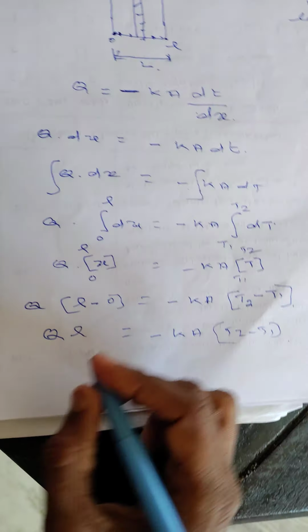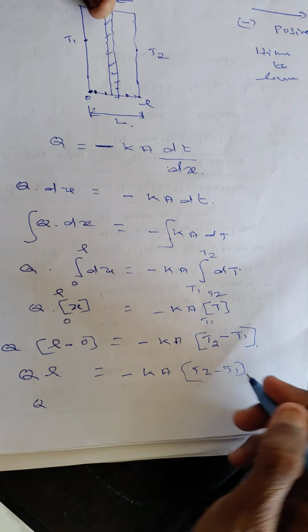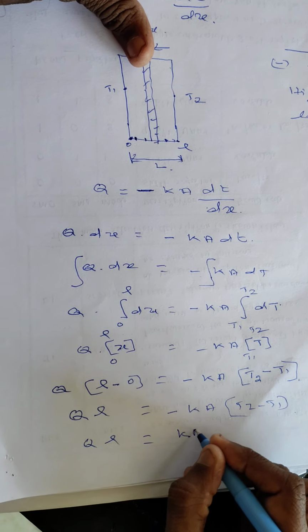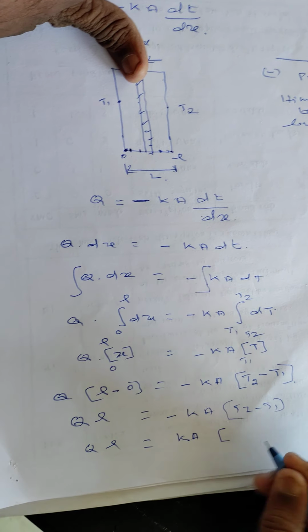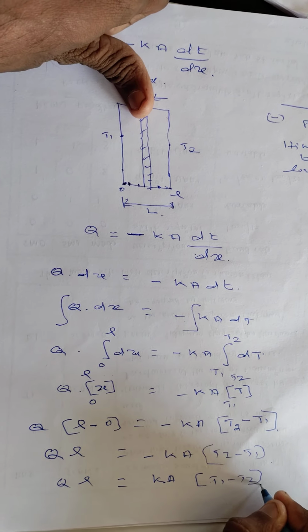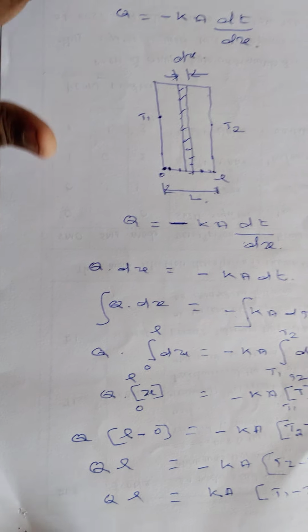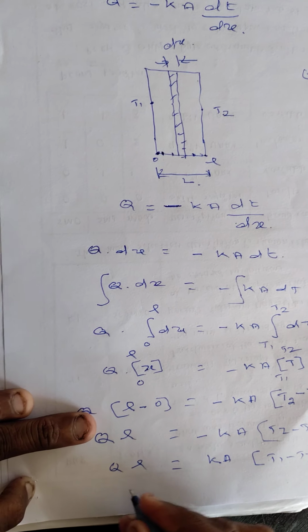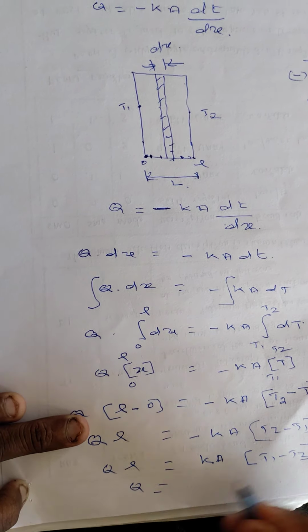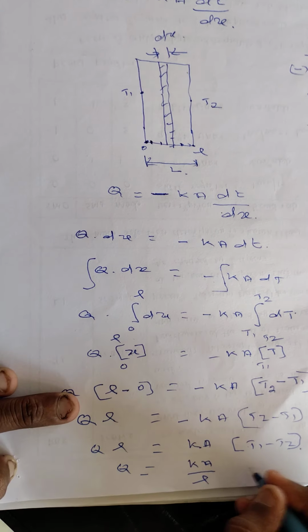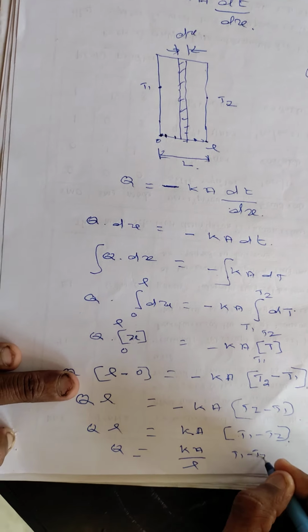Now I am going to put the minus inside. So Q into L is equal to Ka into T1 minus T2. We mainly need the value of the heat transfer rate Q. So Q is equal to Ka divided by L into T1 minus T2.